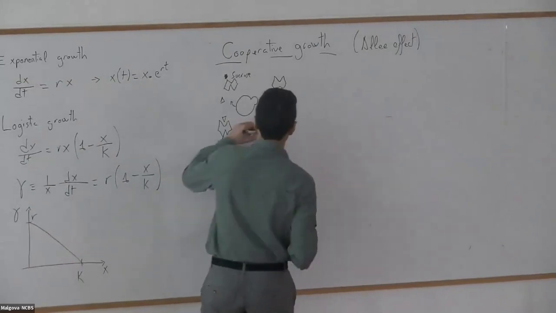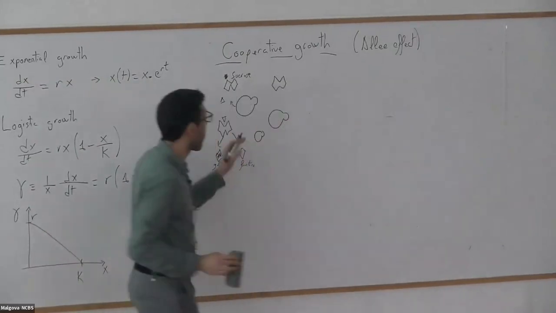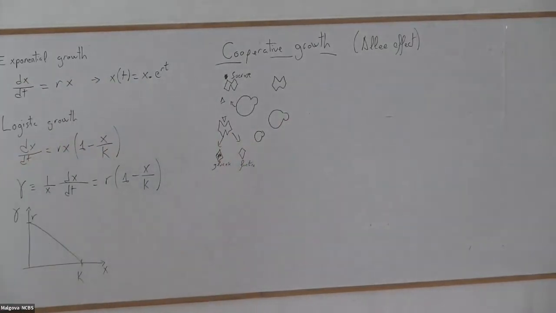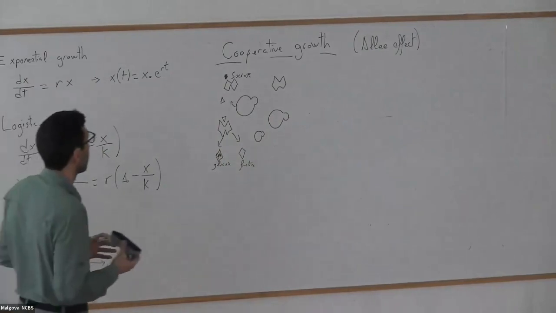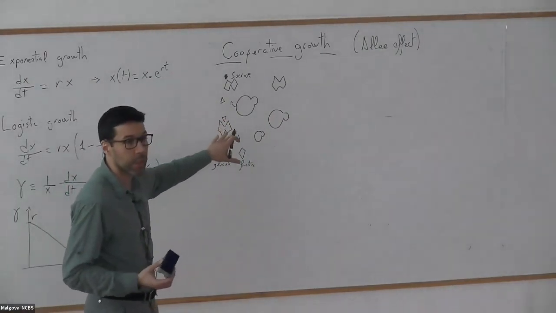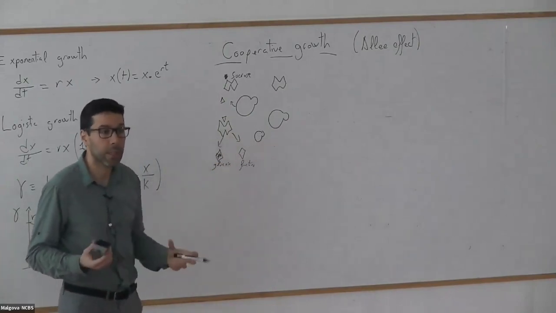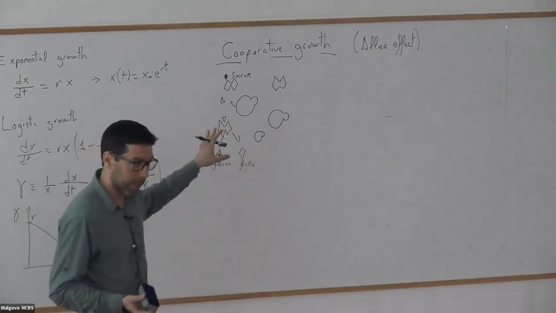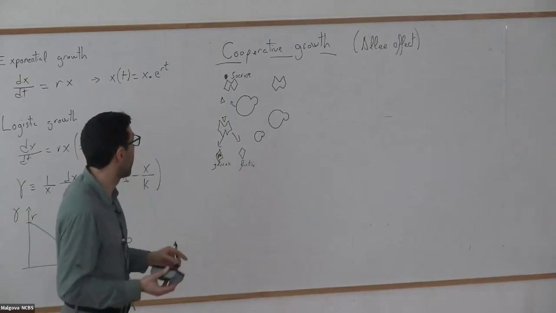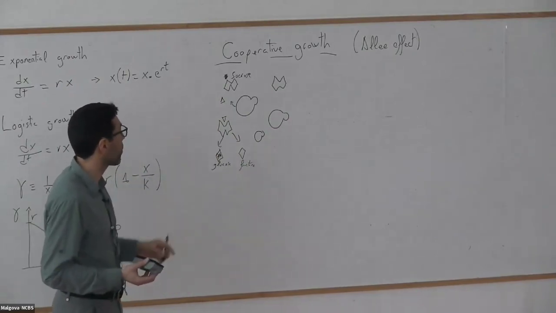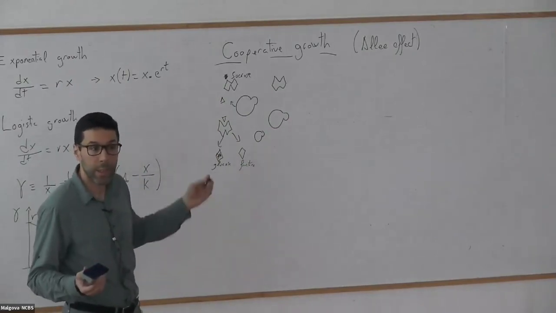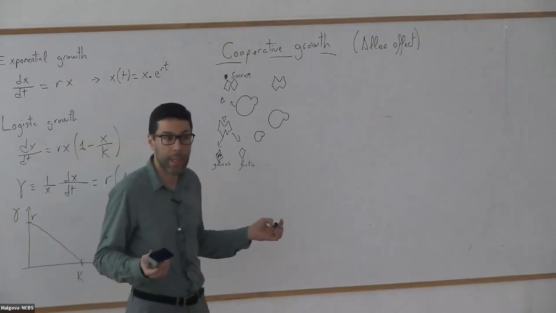So one way to model this is to try to capture all of these reactions that are happening in the system, and this can be done and has been done for the particular case of yeast, but there are many other processes that lead to similar dynamics.